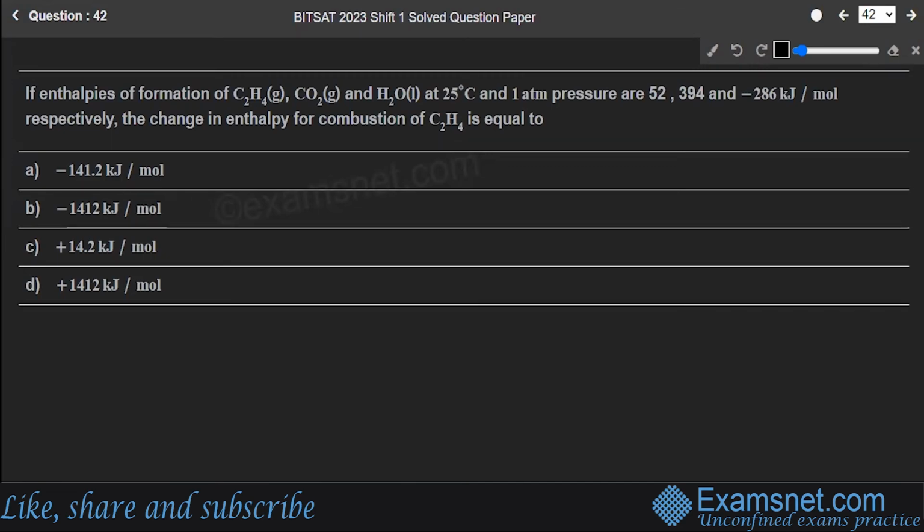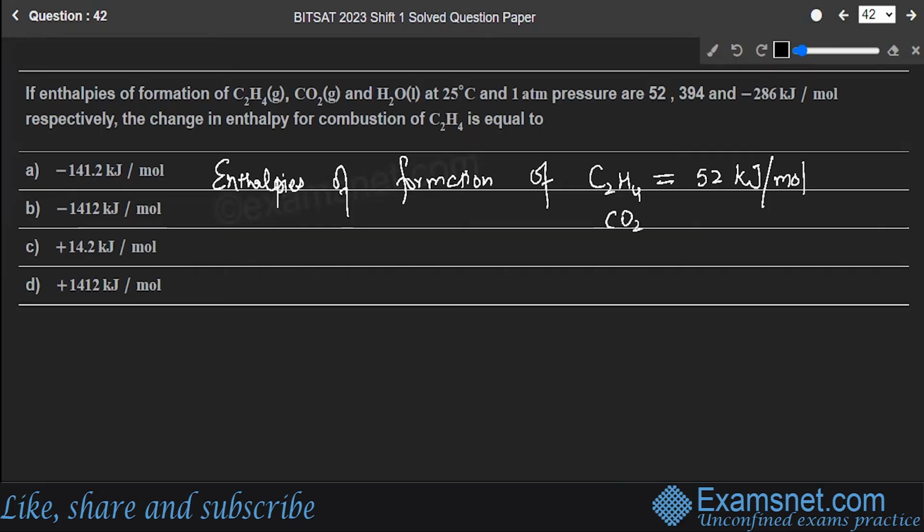So you have enthalpies of formation of C2H4. This is 52 kilojoules per mole, for carbon dioxide this is 394, and for water this is 286 kilojoules respectively.